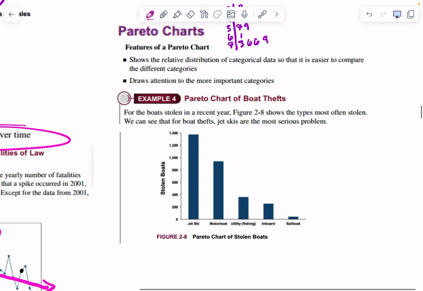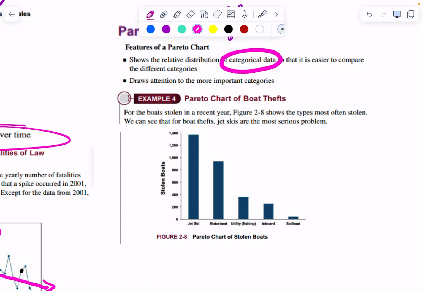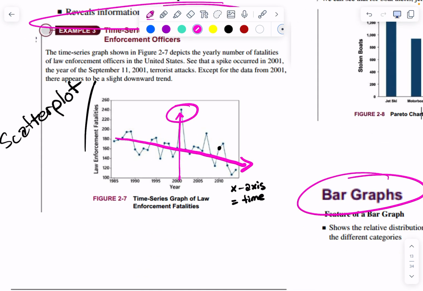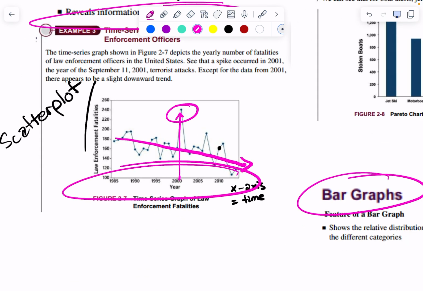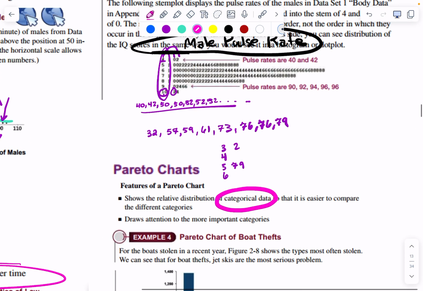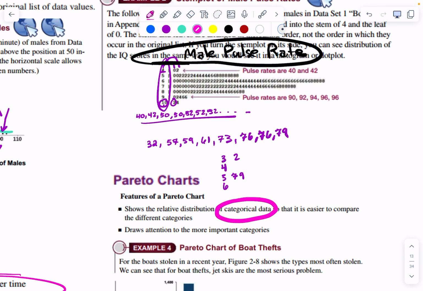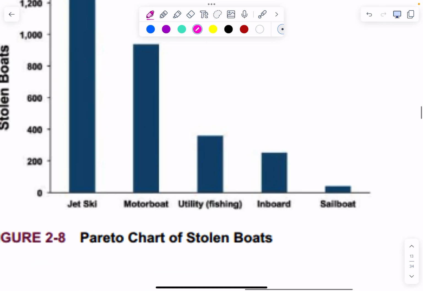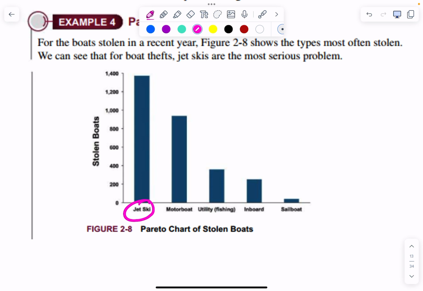It shows categorical data. Go up here to where it says categorical data and circle that. The data are all categories. They are not numbers on the bottom. Like over here, your x-axis was time, and those were numbers. Up here, you were dealing with pulse rates, which are all numbers. Here, your categories are jet skis, motorboats, utility fishing boats, inboard, and sailboat.